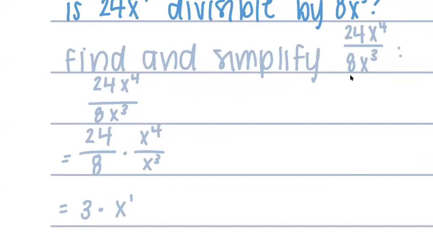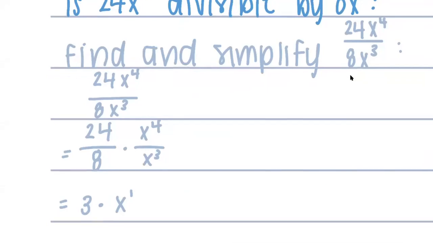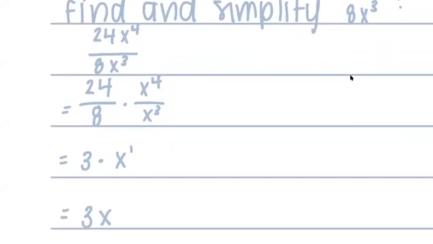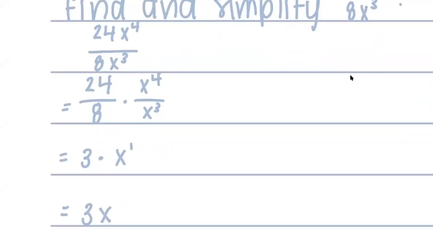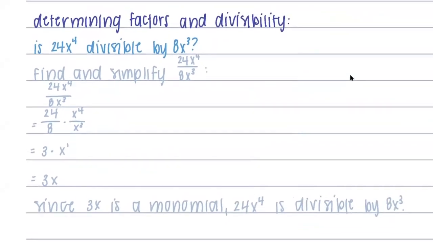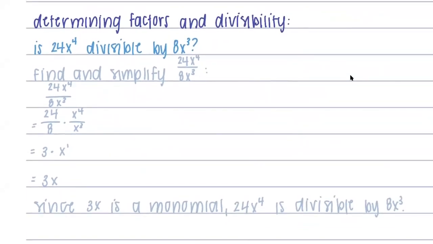And 3 times x equals 3x. You have 3 right here and x to the first from here, and you multiply them together and it's 3x. Now 3x is a monomial, right? As you guys learned before. And that's why 24x to the fourth is divisible by 8x to the third.